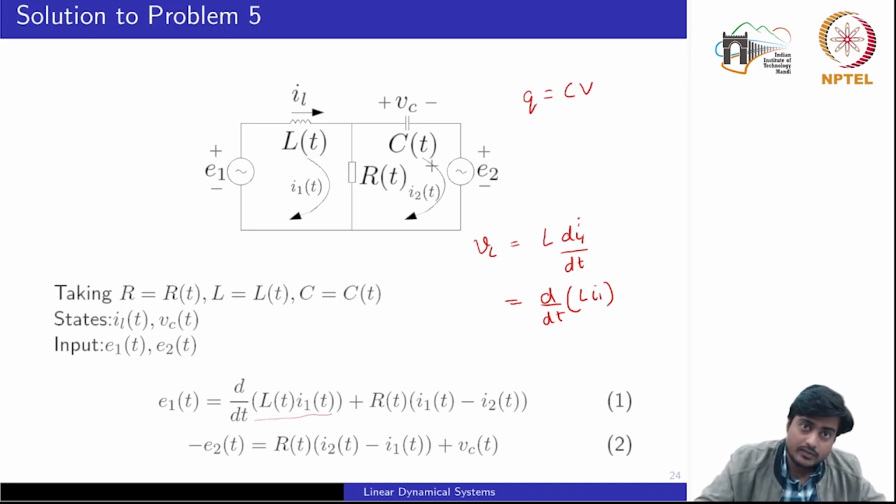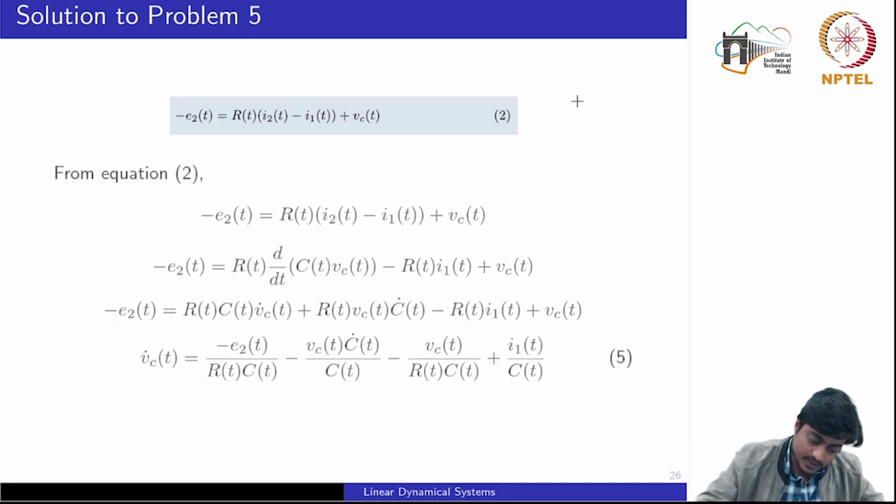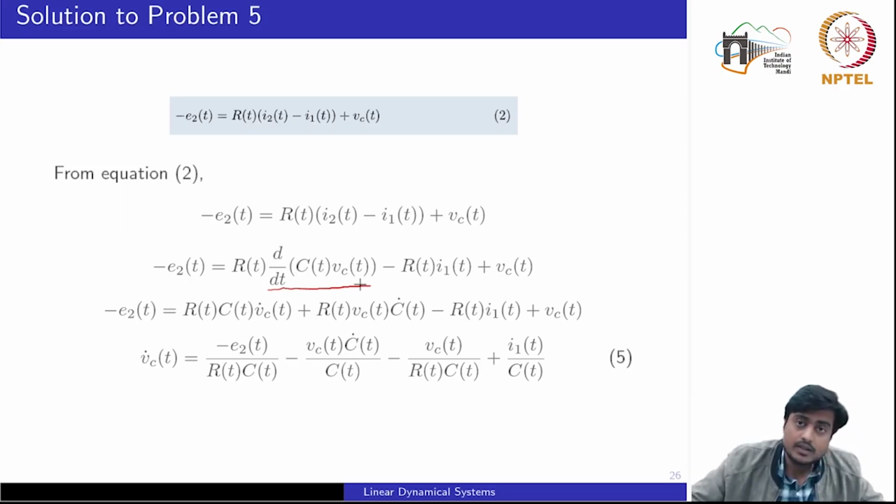You need to take care when you take the derivative or the integral, because now C is not time independent. So this is taken care of once we write the voltage equation for that loop, where the current we take is the derivative of the charge stored on the capacitor, and the charge is C V.